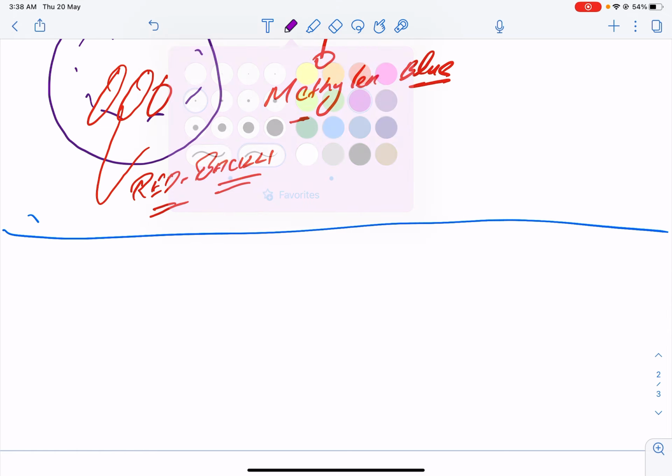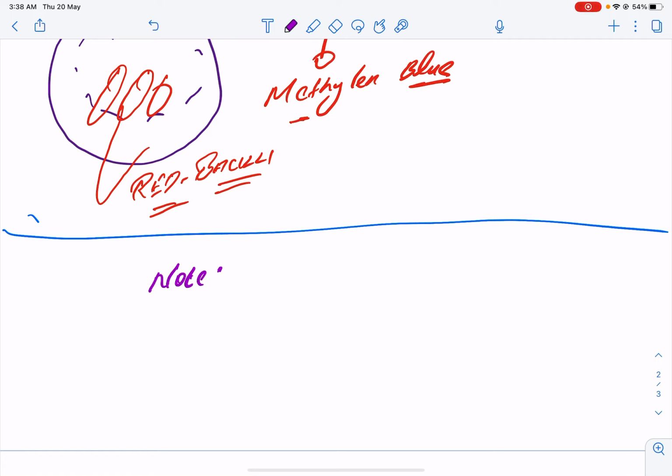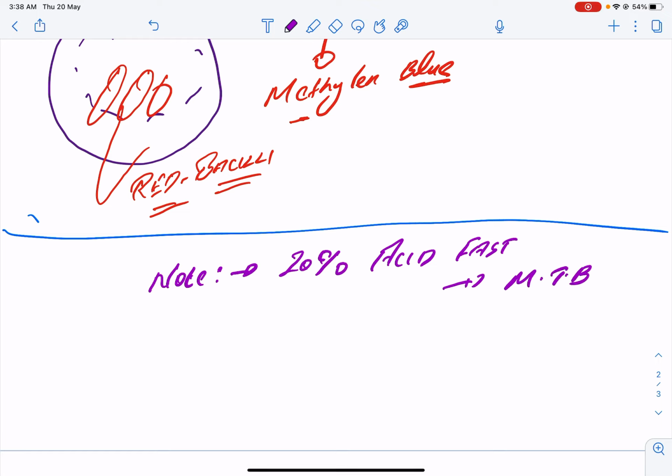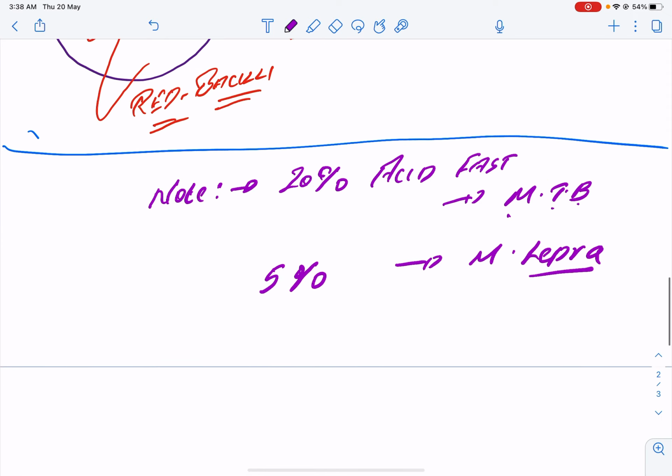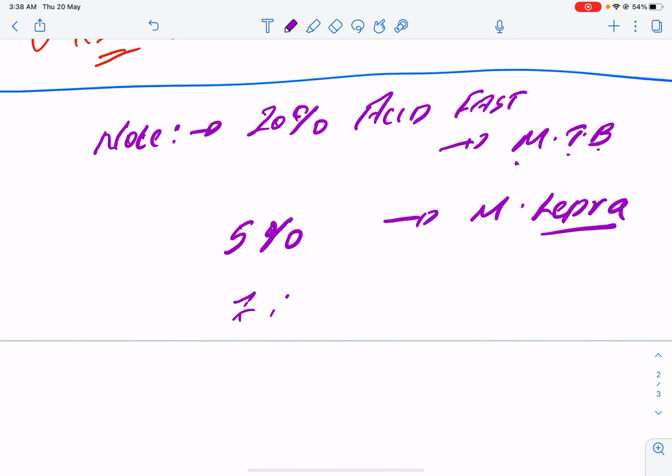Now an important exam question: as I told you, we have acid fast. They will ask you about 20% acid fast. Which bacteria is that? 20% acid fast positive is our Mycobacterium tuberculosis, TB. Then 5% is Mycobacterium leprae. Then 7% is Nocardia.